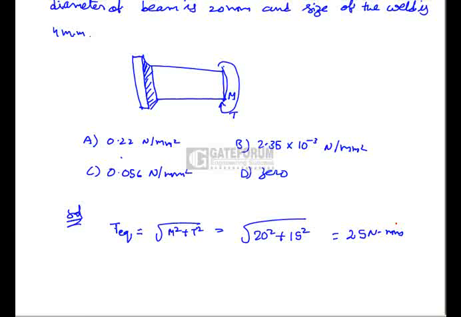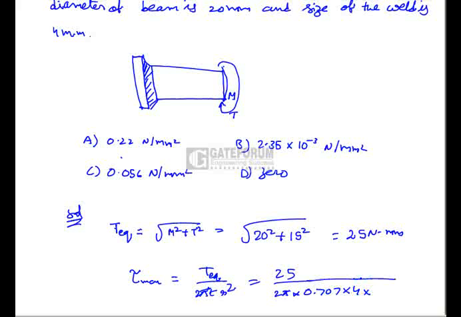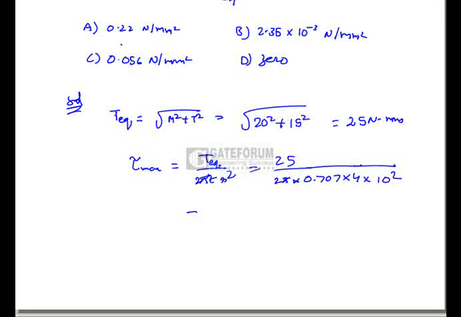And we know that the shear stress induced in a welded joint, that is the maximum shear stress, is equal to T equivalent by 2 pi t r square, which is equal to 25 by 2 pi into t, where t is 0.707 times the size of the weld, that is the weld size is 4, and r is half of the diameter of the beam, that is 10 square, which is equal to 0.014 Newton per mm square.